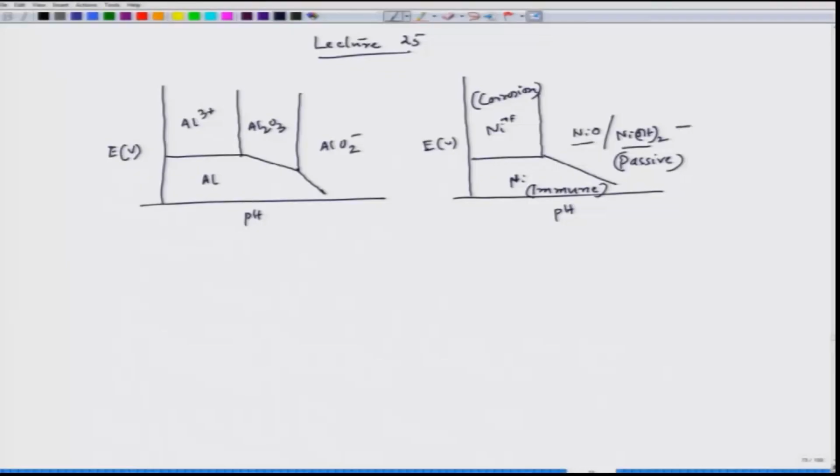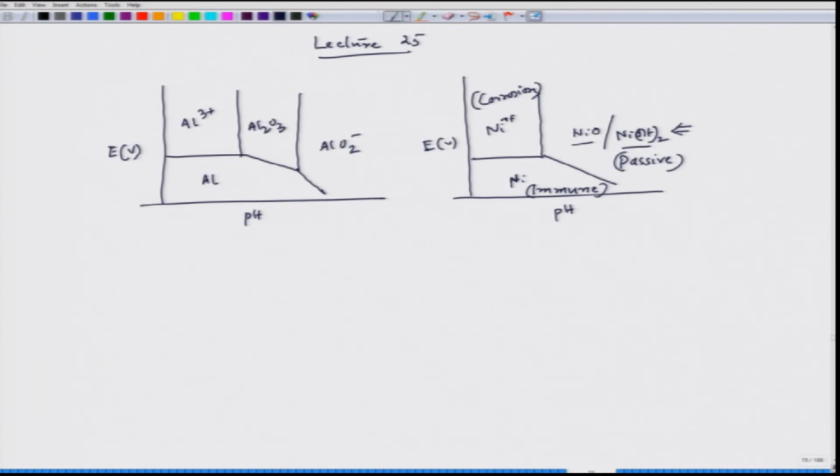The nickel corrosion is still there, but the amount of corrosion is less, because the amount of corrosion of nickel would be decided by the solubility product of these two products. We call it passive zone, because the corrosion of nickel is limited because of the formation of this passive layer on top of the nickel.